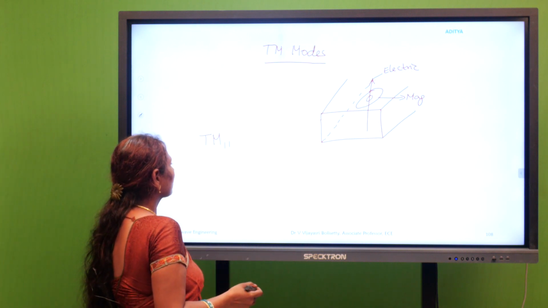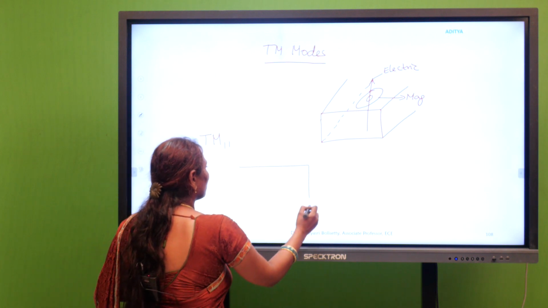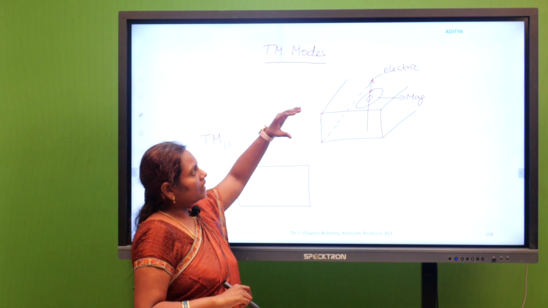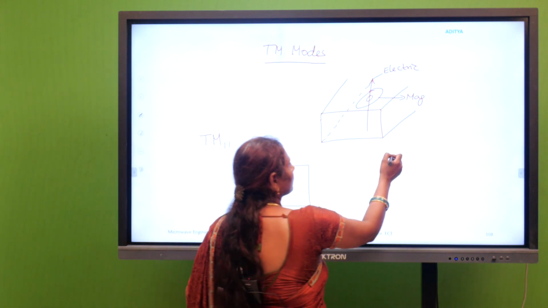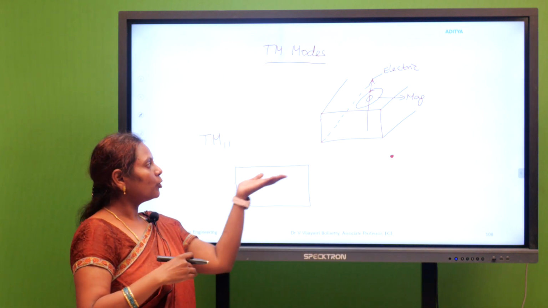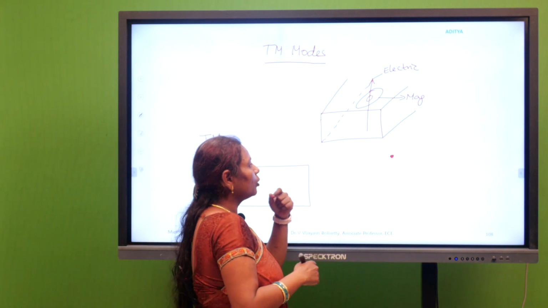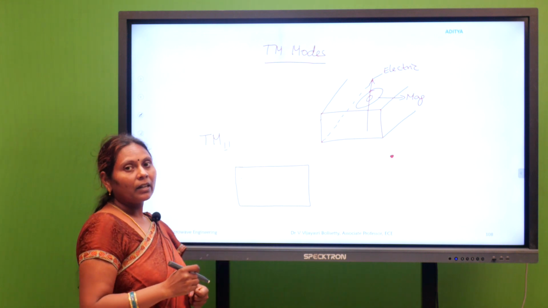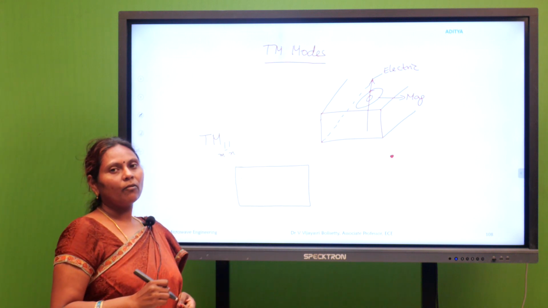In this, as we are taking the front side face, this is the front surface, and while seeing the disc position from the front face, we simply represent it like a dot, because as it is parallel to the plane of propagation, it is simply seen like a dot. So, here we are saying TM11, that means M is 1 and N is 1.